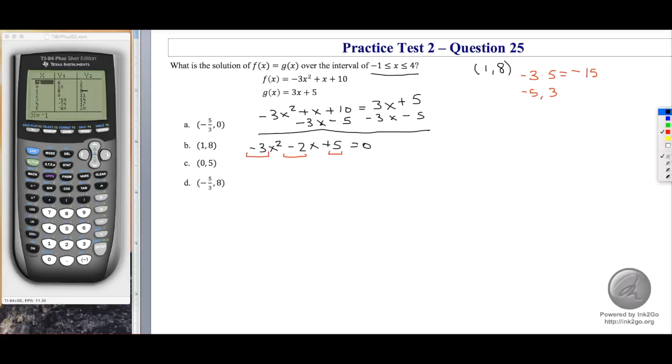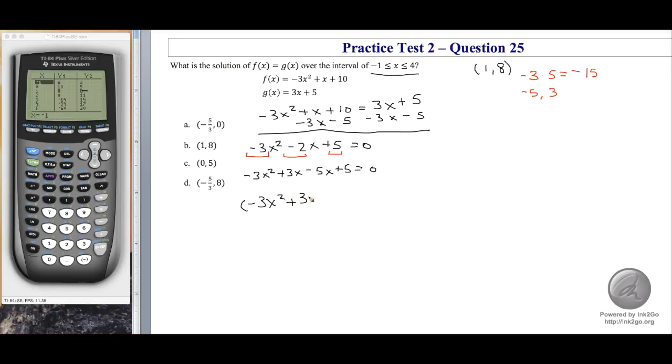So next we're going to rewrite our equation, substituting -5x and 3x for -2x. Then we're going to group our terms for factoring.